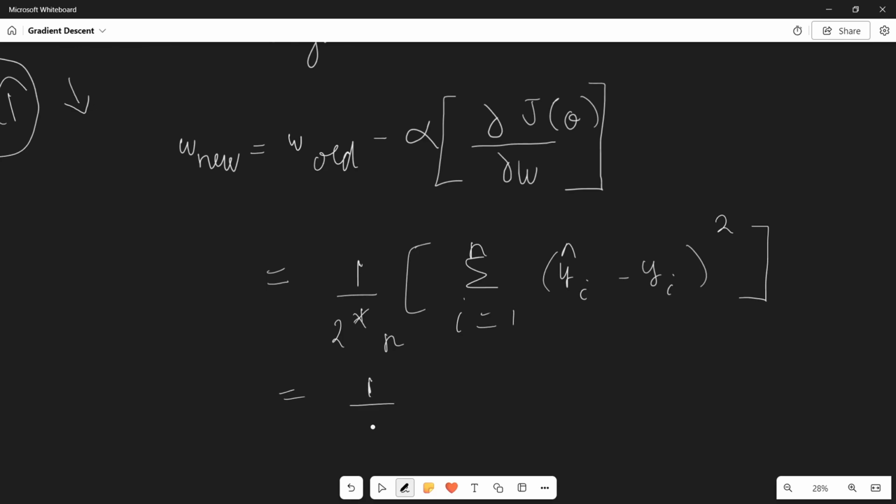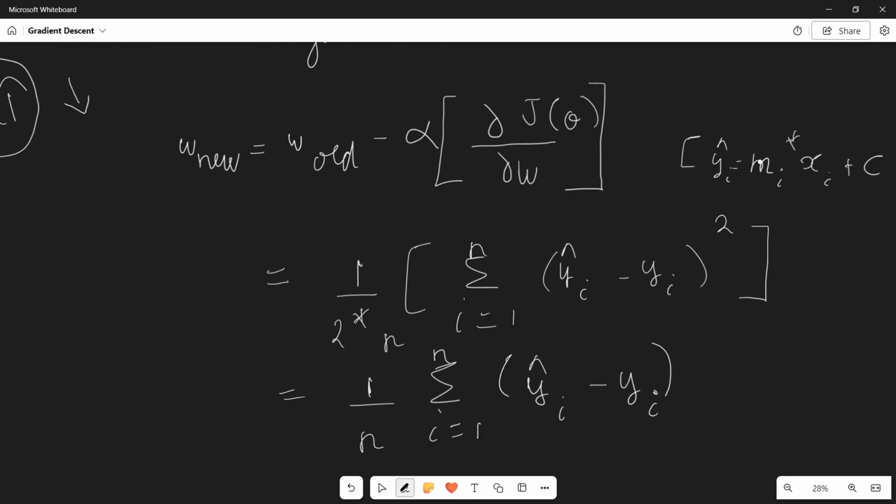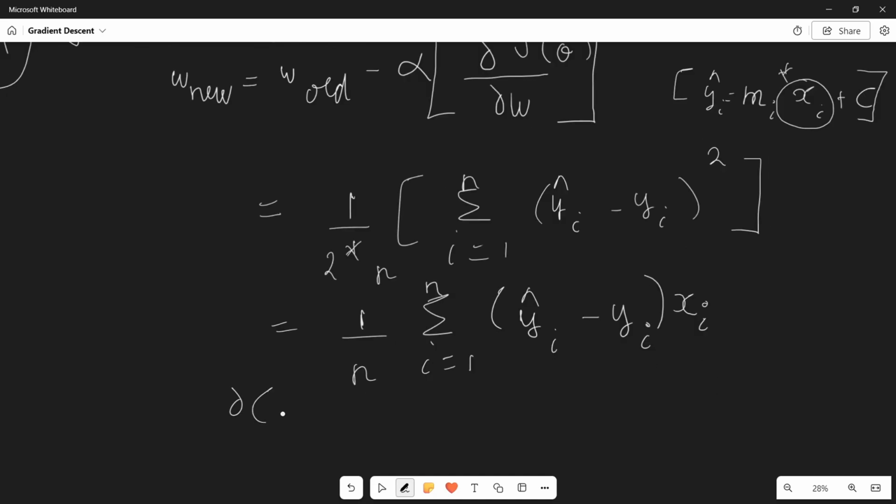So I automatically get 1 by n, and the only remaining part is the summation of y i hat minus y i, and then this y i hat can be explained as m x plus c, where m is the slope, x is the input feature, and c is the intercept. This is the formula for linear regression. Check my previous video for an understanding of this equation. Differentiating this equation gives me x i as the differentiated part, so I can keep it here as x i. So this is my weight updation parameter.